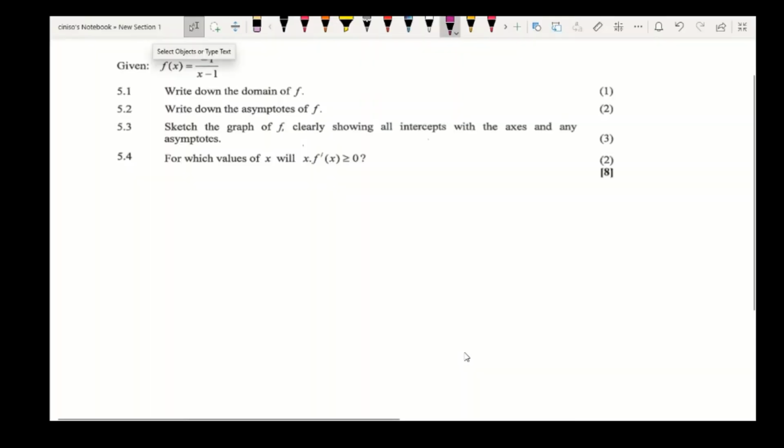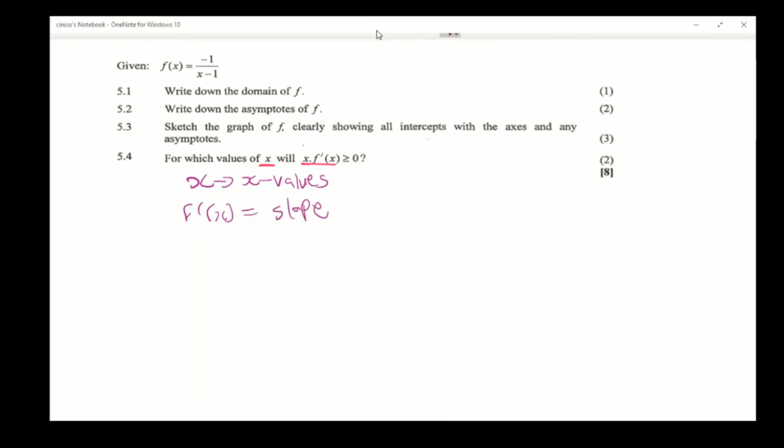5.4. For which values of x will x multiplied by f prime be greater than or equal to 0? So now the x is the x values, and the f prime of x is the slope.